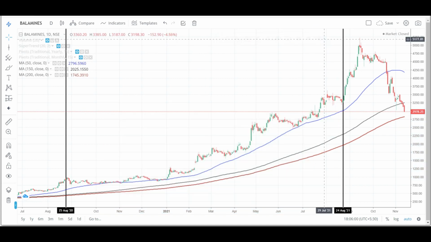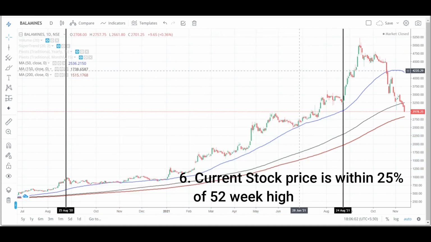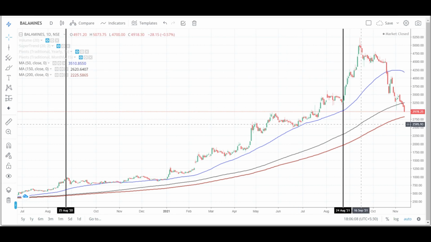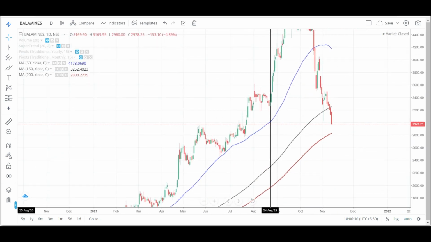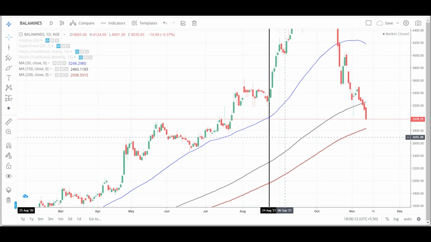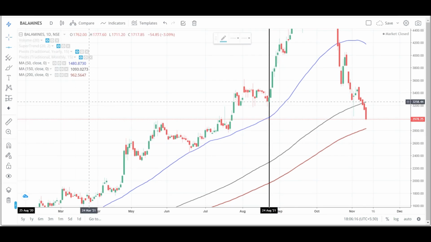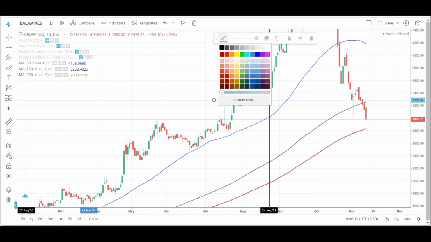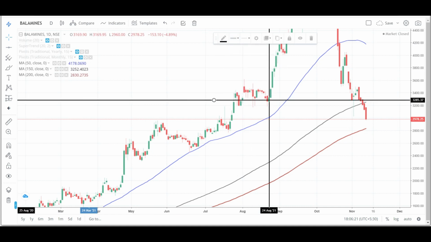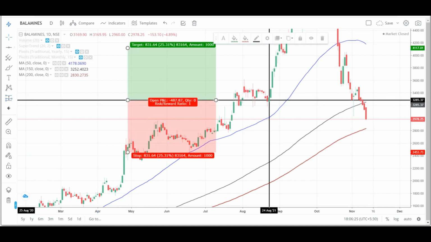Now the sixth criteria is the current stock price is within at least 25% of its 52-week high. Let us check. I took the trade here, and the high was here.